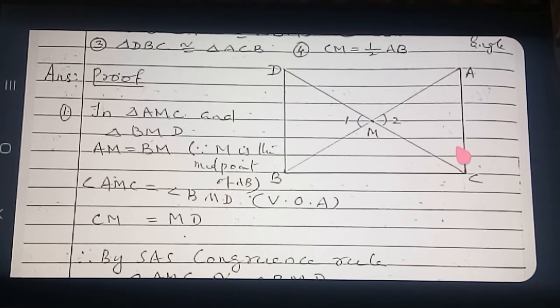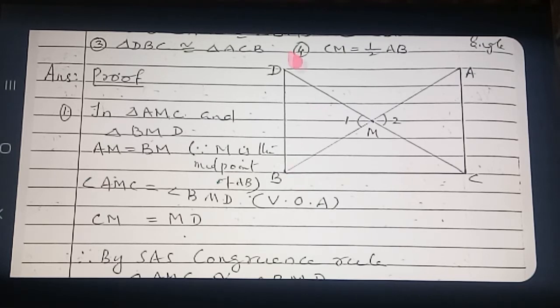Angle C means you can write the full name: angle ACM is the same as angle ACD, and angle BDM is the same as angle BDC. Can you write now? Okay, if the arms are extended, the angle's value never changes. Angle ACM and angle ACD are both the same.